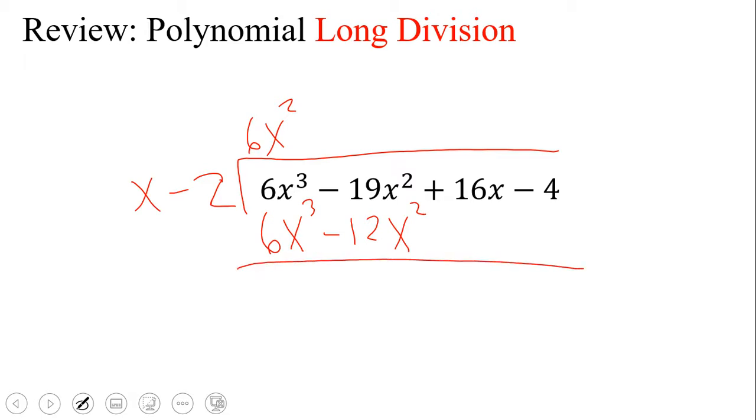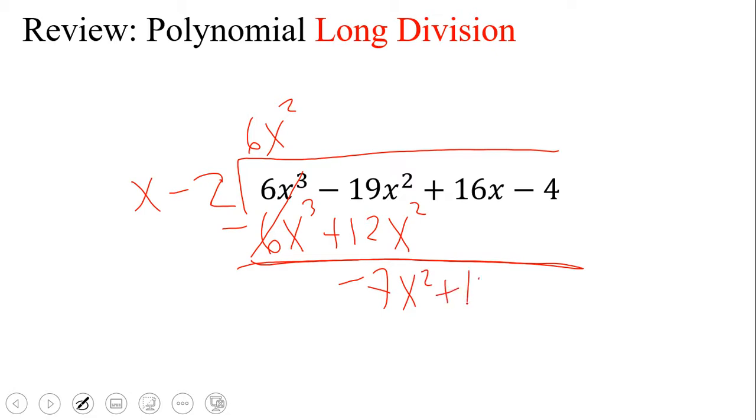The way that I always like to remind you that you're doing subtraction is that when you draw the line, you change the signs. Basically, that's your way of making sure that you subtract each of the terms. So the cubes cancel, which they should. Negative 19x squared plus 12x squared gives me negative 7x squared.